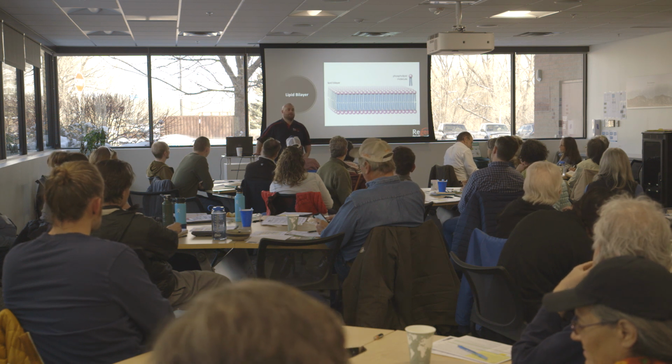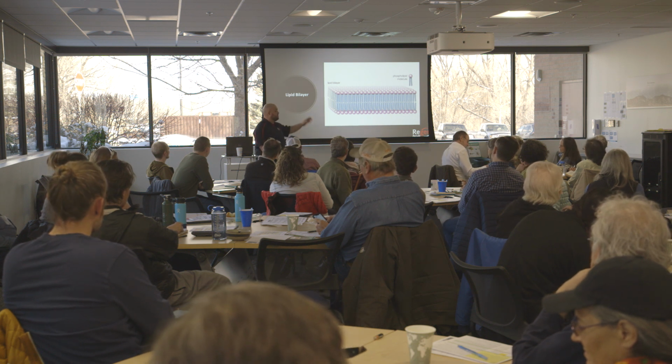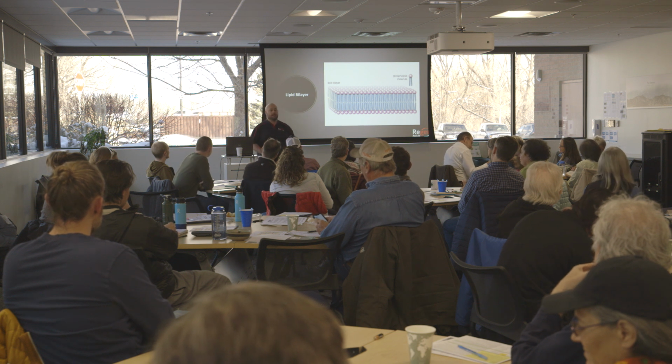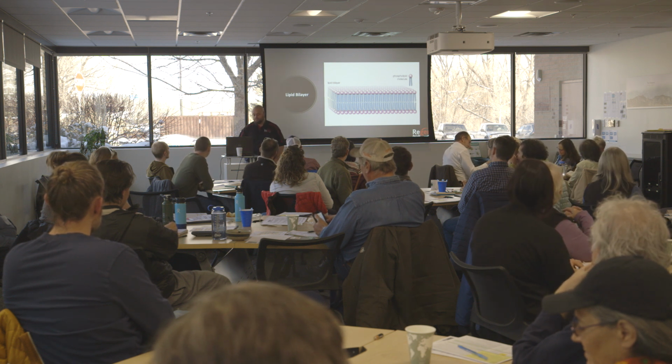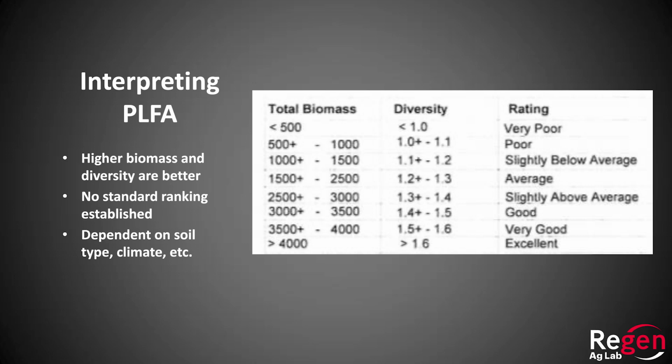We expose the soil to organic solvents. We basically dissolve that fat, and we extract that out of the soil. In the laboratory, we use gas chromatography basically to pull all of these fats out, and not all of the fats are the same molecule. They're different sizes, they're different structures.